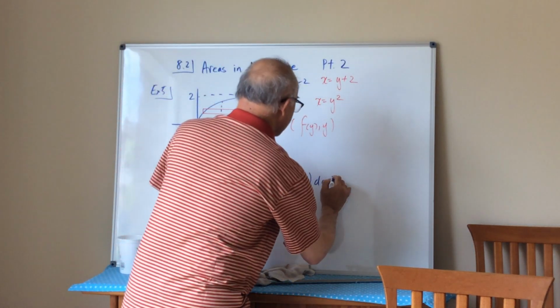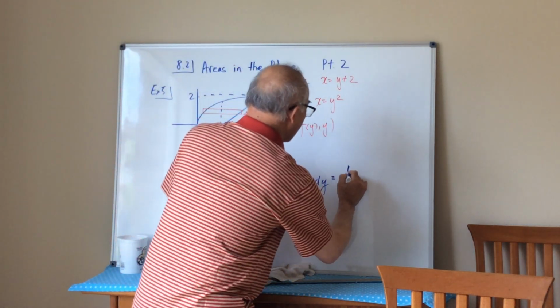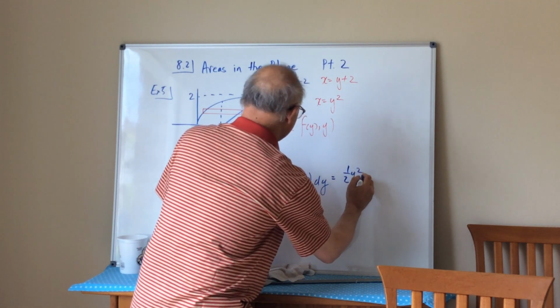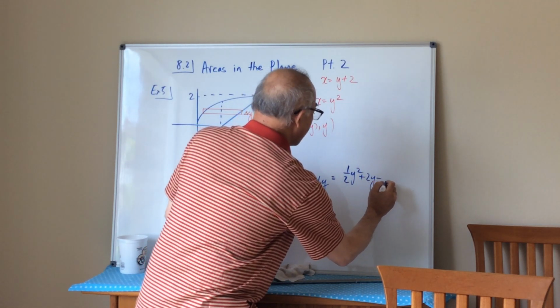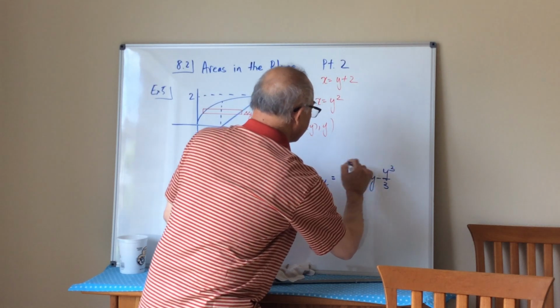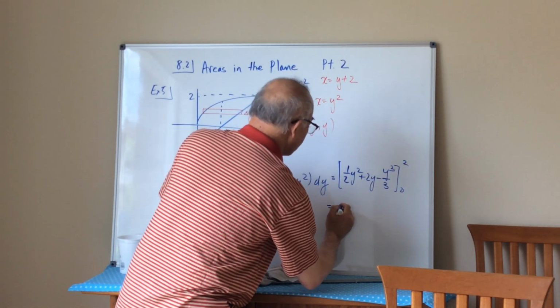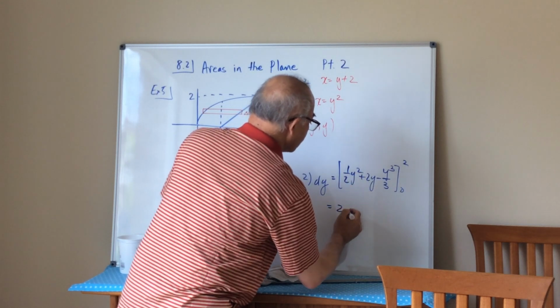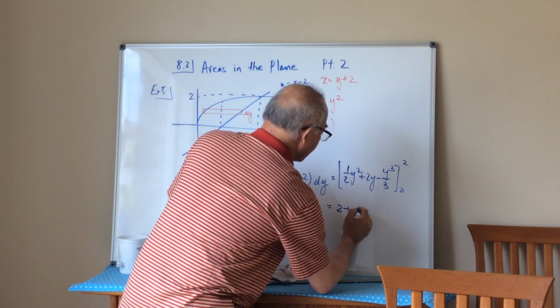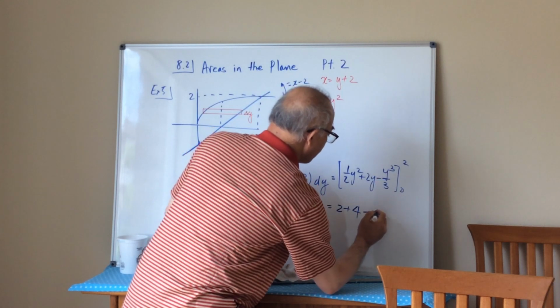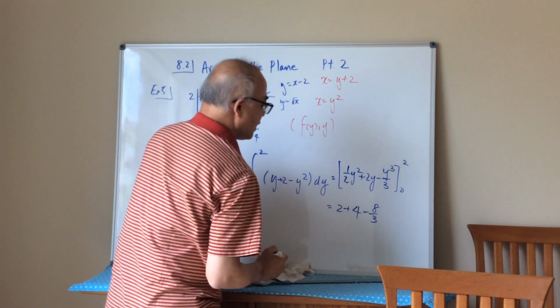So let's see if we can do this. We get 1/2 y squared, 2y minus 1/3 y cubed, from 0 to 2. So I put 2 in there. I get 4 divided by 2 is 2. I get 4 minus 8 over 3.